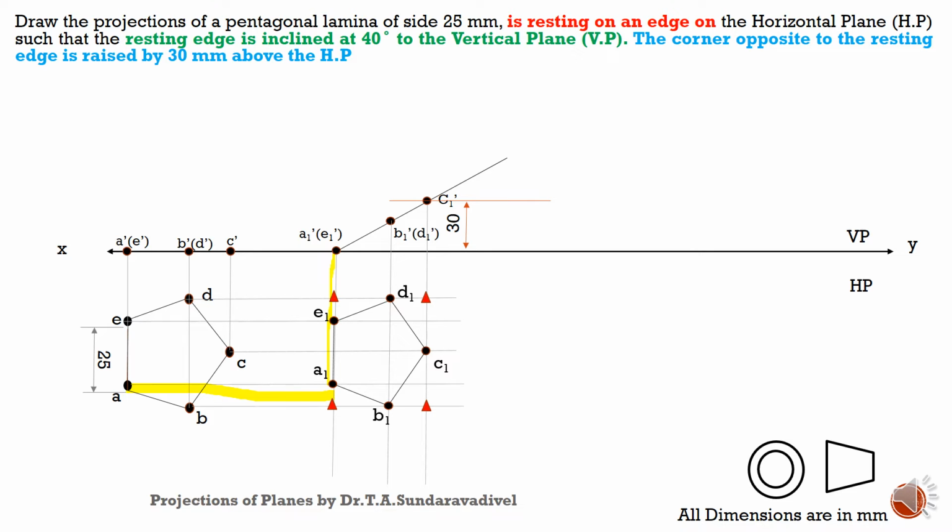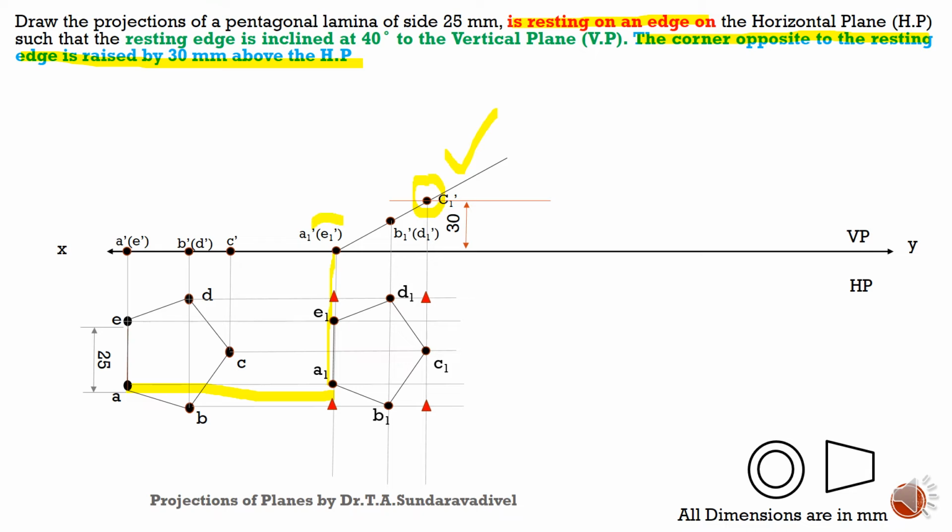Okay. So now we have solved for these 2 conditions. The corner opposite to the resting edge is raised by 30 mm above HP. That condition is also solved. The condition is resting on an edge on HP.